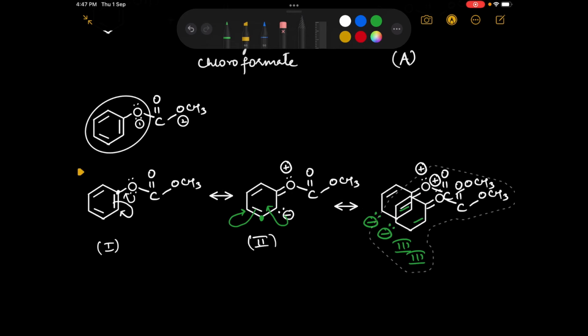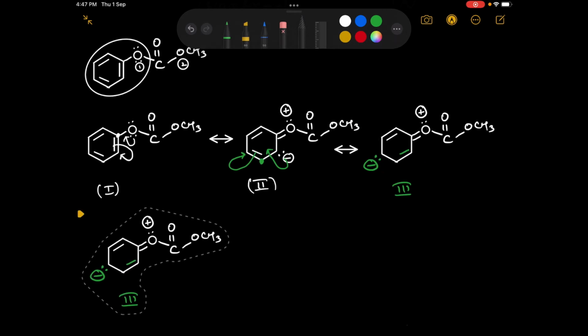Let's draw the next structure, structure number 4. Now the lone pair will shift once again between the next two carbon atoms. Let's show the change in structure number 4. So here we'll be having the lone pair getting converted into the bond pair. Now the electron density in structure number 3 at this red carbon increases. So the bond pair will shift onto the next carbon atom as a lone pair.